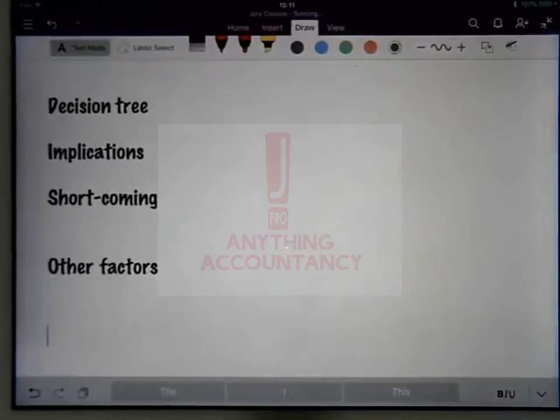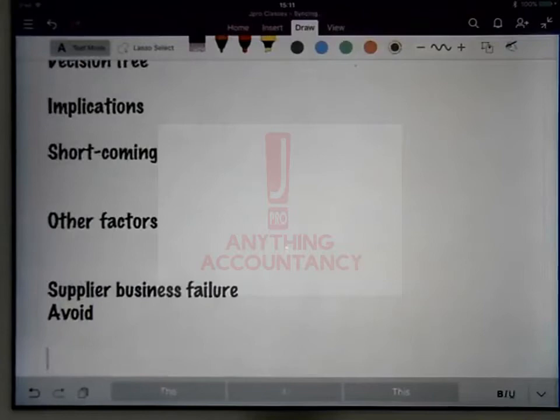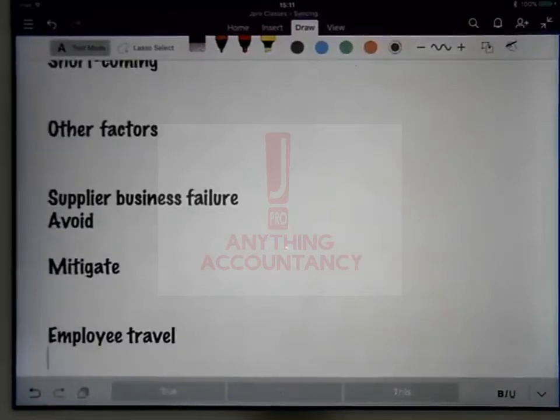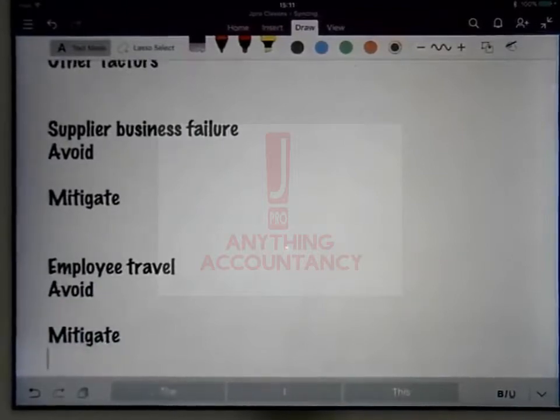Then after that I have to put supplier risk, supplier business failure, is it? Then the other one was... clear.